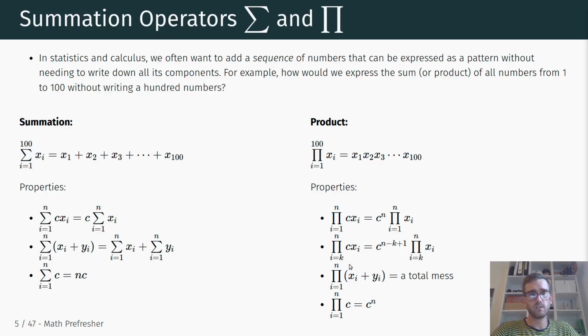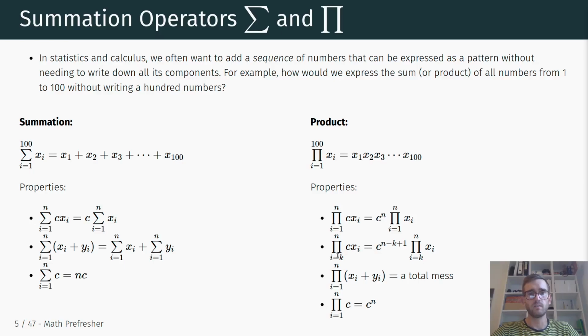More generally, if this product does not start with 1 but with i equals k through n, so it could technically start with a higher index number that is larger than 1, of course, the power has to be adjusted.